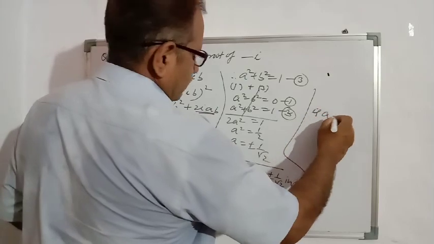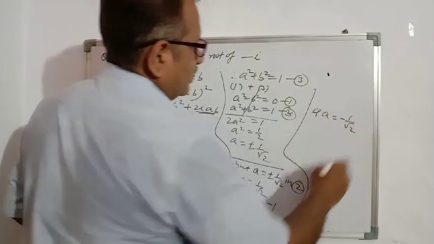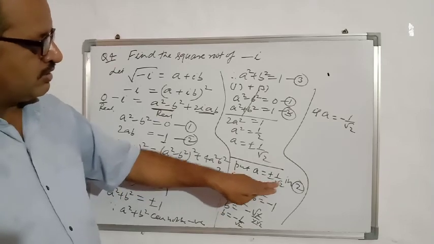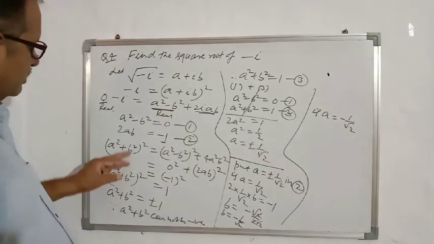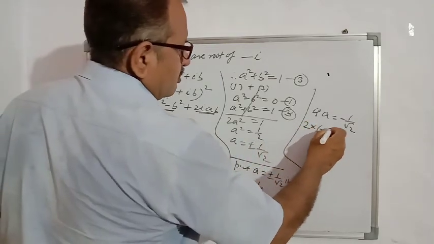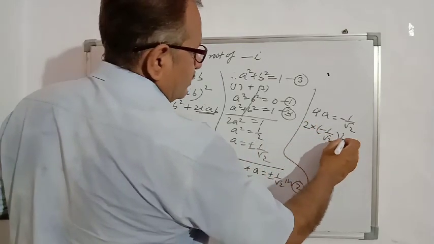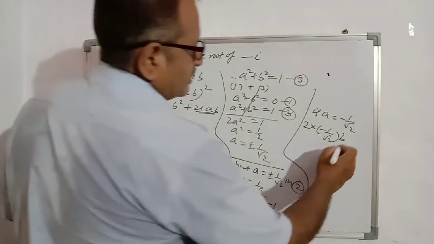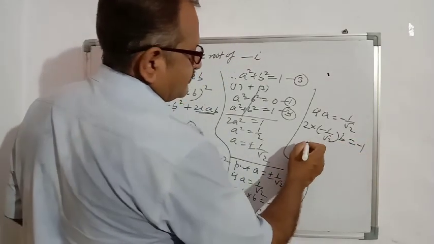Next, now take a equal to minus 1 by root 2. Then from the second equation, 2 into minus 1 by root 2 into b is equal to minus 1.